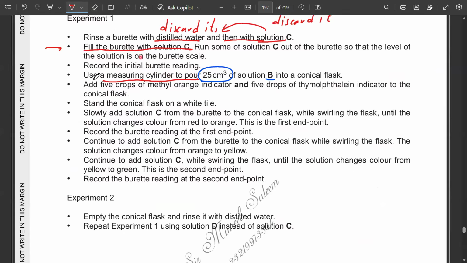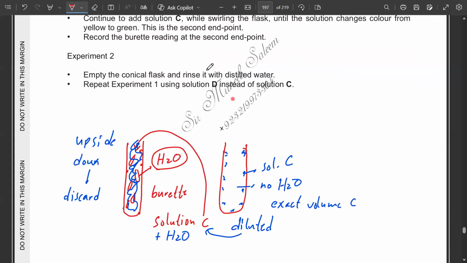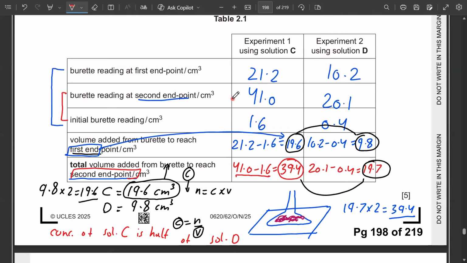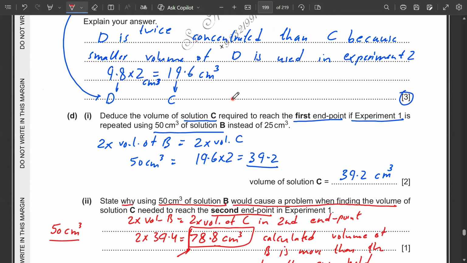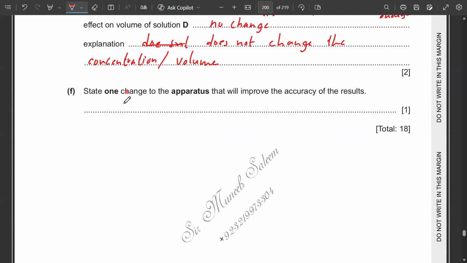So the only improvement we can make is to use a volumetric pipette, because a volumetric pipette can also measure 25 cm cube of the solution, instead of a Burette, since 25 cm cube is a value which pipettes can easily measure. So use a volumetric pipette.